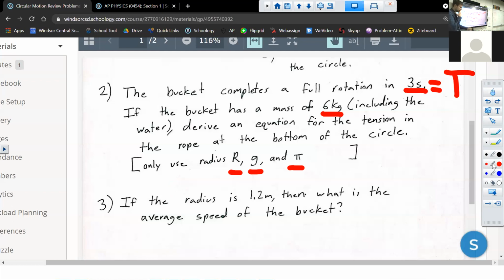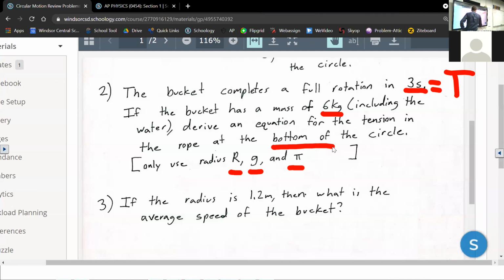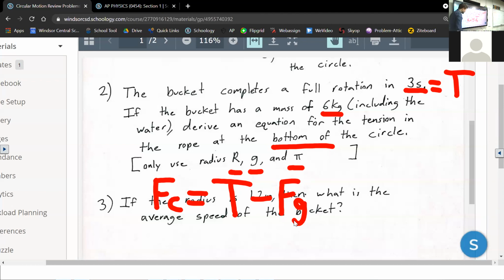In this problem, that's going to be the centripetal force. So at the bottom of the circle, like we said before, the centripetal force should be equal to tension going toward the center minus the force of gravity from the bucket. Okay. Now, what do I set this equation equal to?